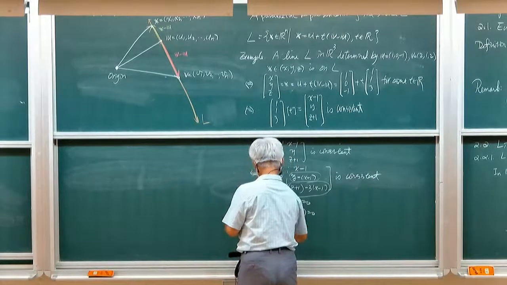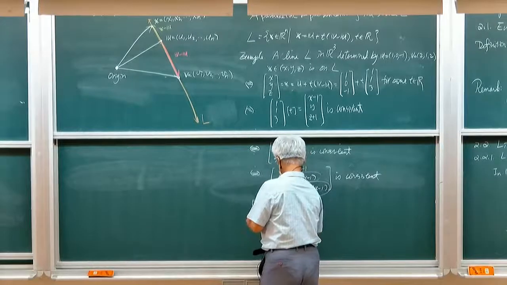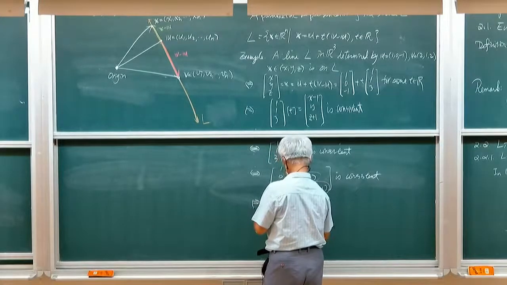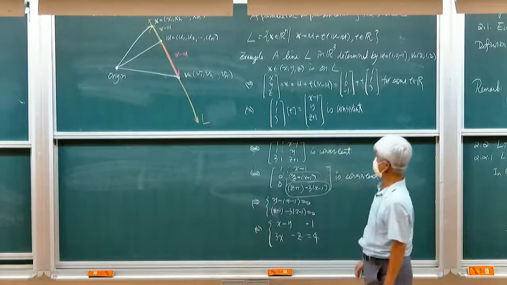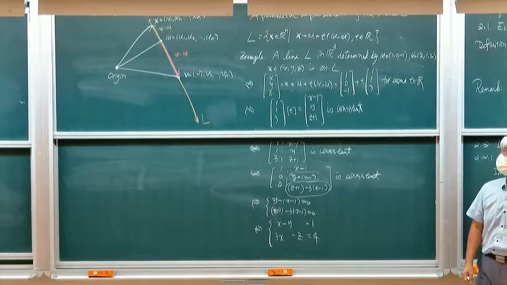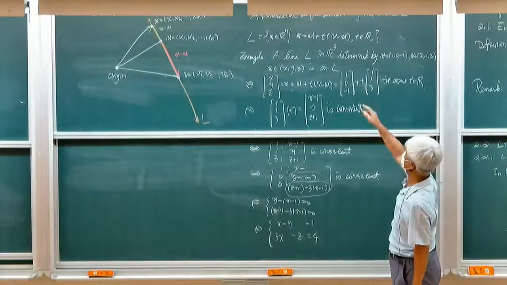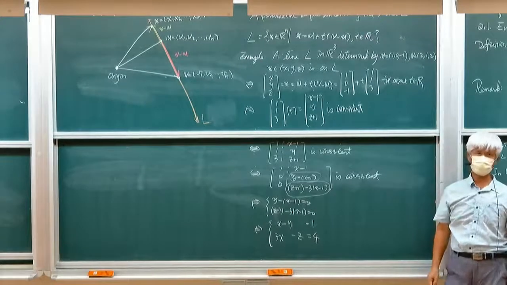Okay, so finally, y minus x is 1, and 3x minus z is equal to 4. So we need an algebraic equation to represent a line in the three-dimensional Euclidean vector space.